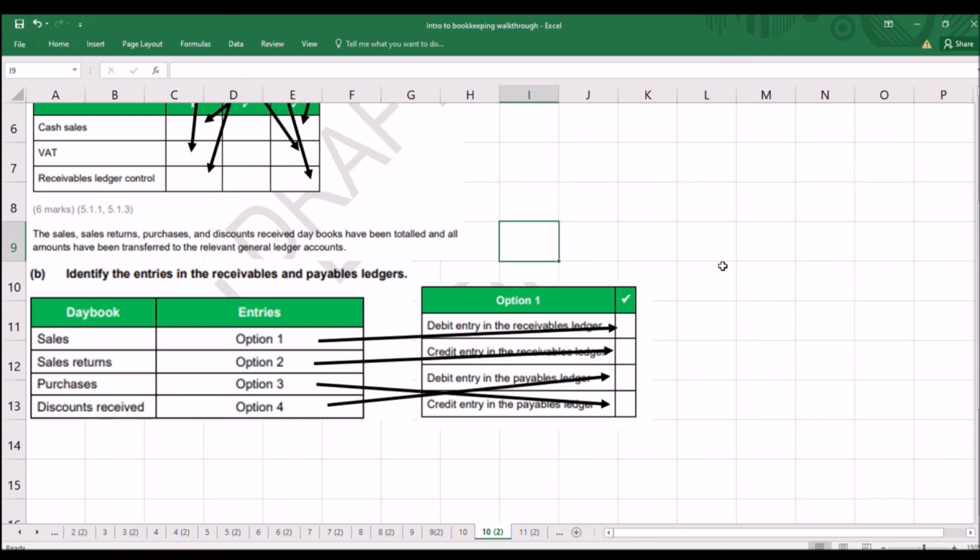So remember that what we've got here is our day book going into our general ledger, and that's just going to be going in as one big figure into the general ledger.